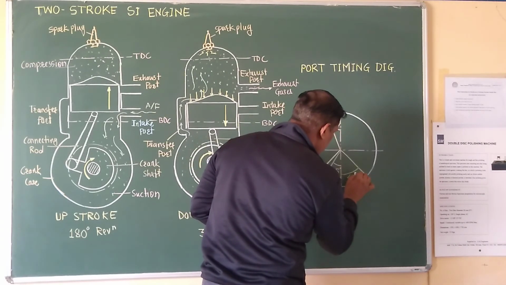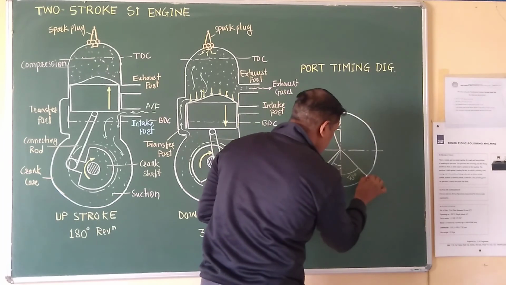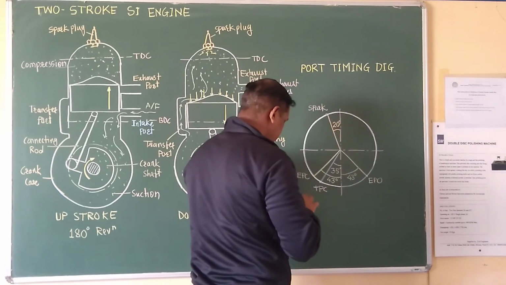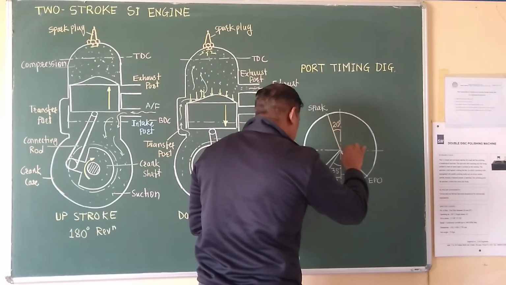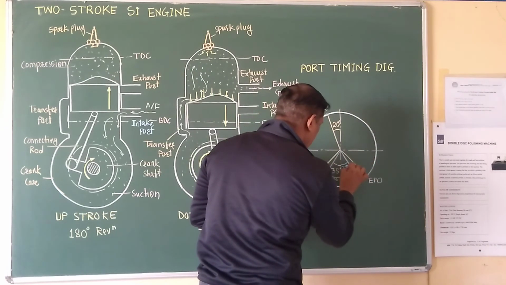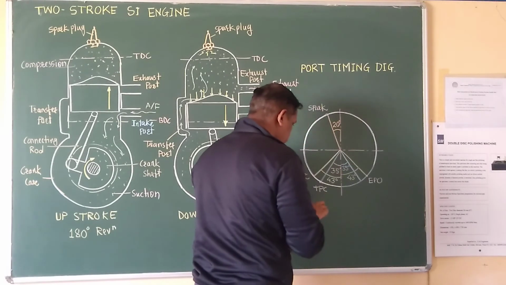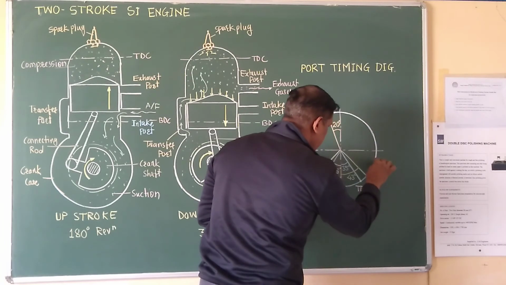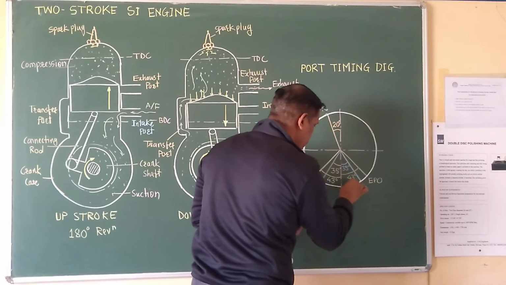Then compression continues, and before TDC, approximately 20 degrees before TDC, spark is produced. So this is the point of spark.